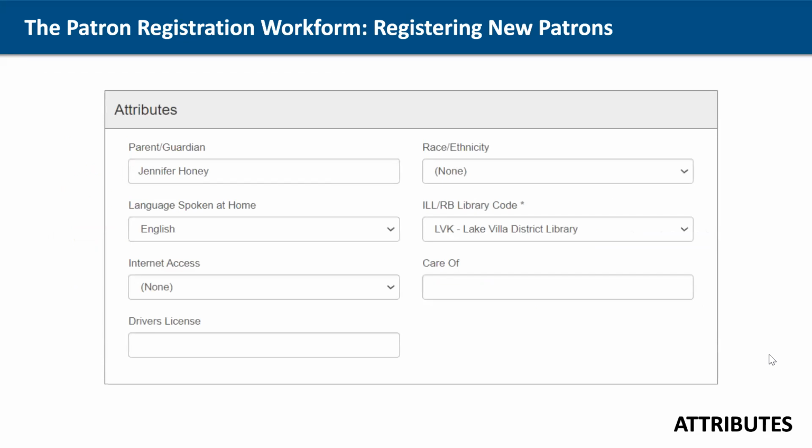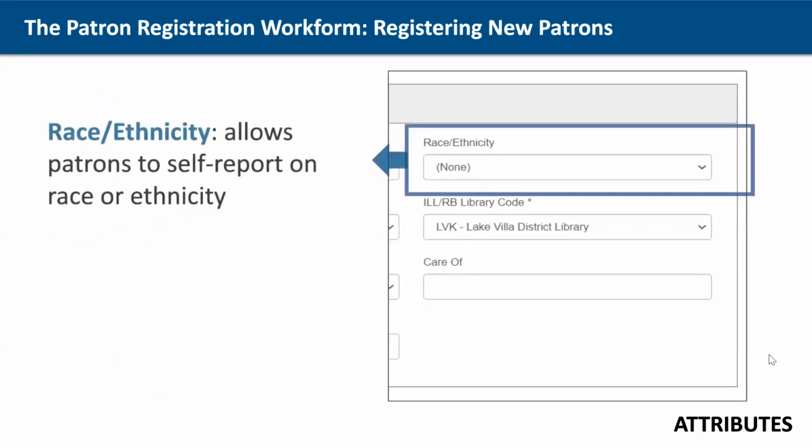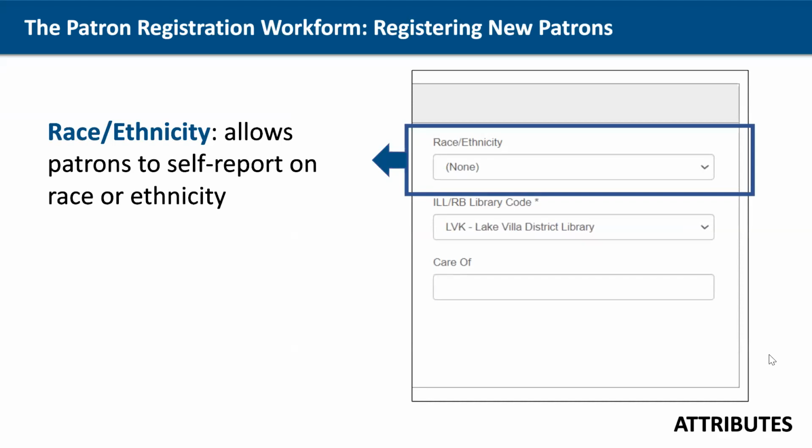At the top of the next column is the race ethnicity. This is a relatively new attribute in the patron's record. This is very much optional for libraries. This field came to be because a library asked to begin gathering race and ethnicity data for their cardholders to ensure that they're equitably serving all patrons in their community.